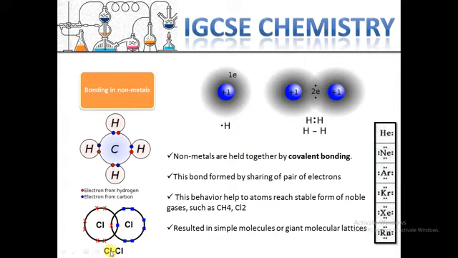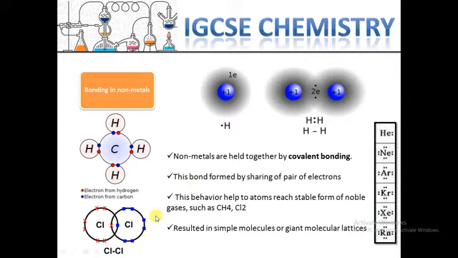So that means the chlorine can receive 1 electron by sharing with another chlorine. So here each chlorine has 8 electrons at the outer shell. So that means this compound is stable. They reach the stable form.